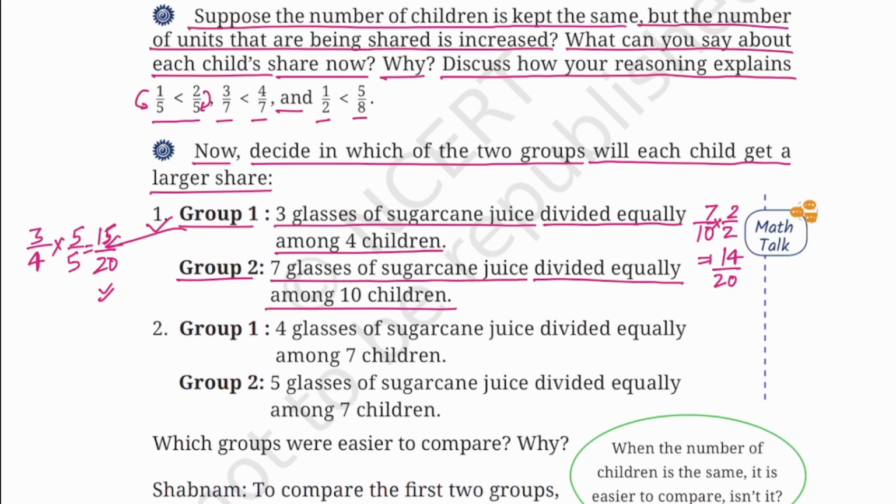So the second group will get a smaller share. The answer is the first group got the larger share, since 15 upon 20 is greater than 14 upon 20, or you can say 3 upon 4 is greater than 7 upon 10. So group 1 got the larger share.